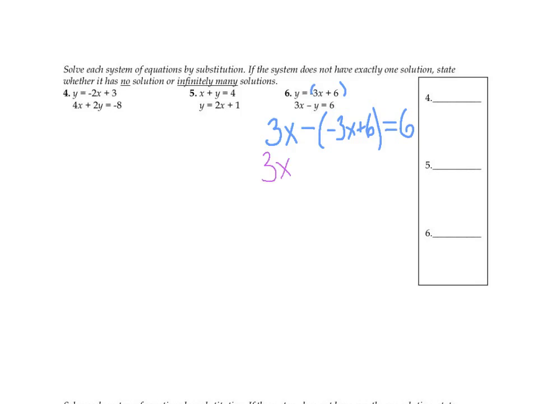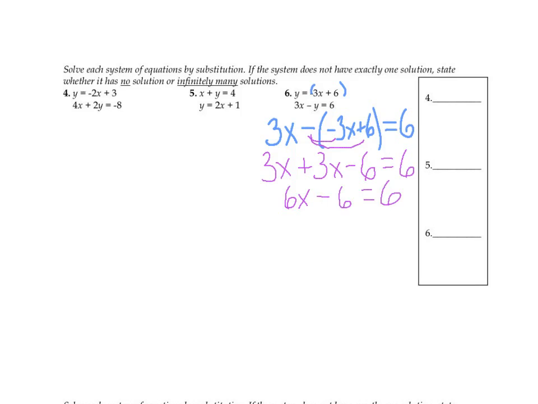So we have 3x plus 3x minus 6 equals 6 when we distribute out that negative. Negative times a negative 3x gives us a positive 3x, and negative times a positive 6 gives us a negative 6. So now we can combine our like terms. We get 3x plus 3x equals 6x. Bring down the minus 6 equals 6.